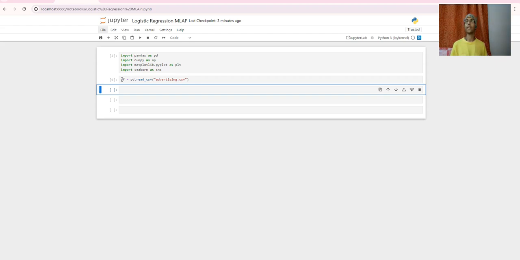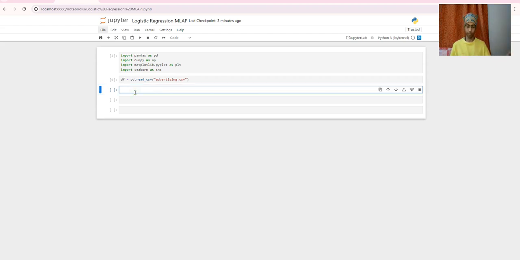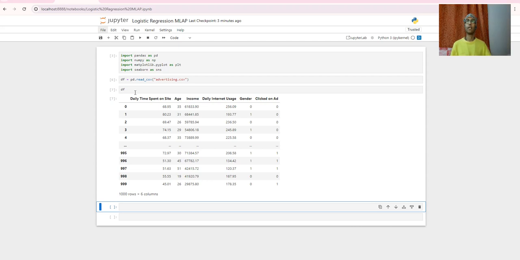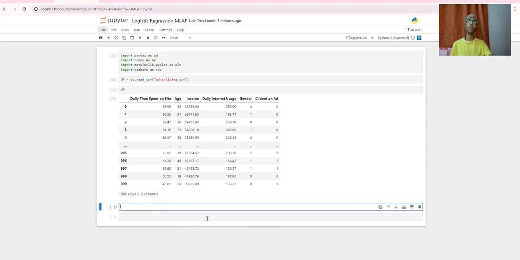Now let us see how the data looks. Yes friends, we have called the data. Now we have to isolate the features from the outcome, or from the label, or from the Y. So we have to separate out the features from the prediction outcome.